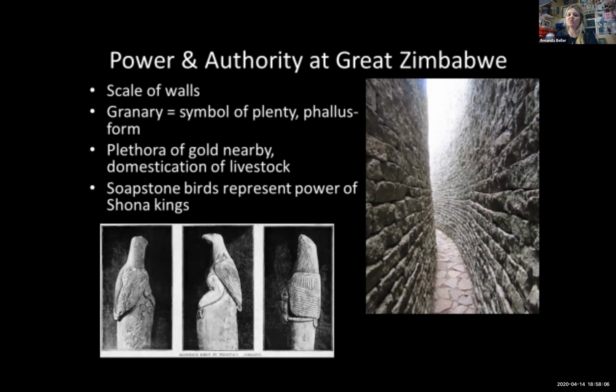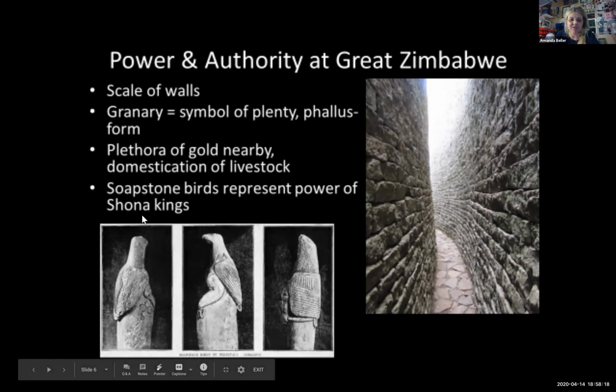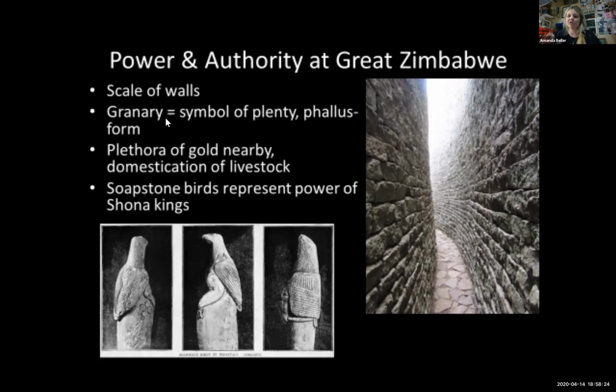So this is still going to be an area that is part of the patriarchy, right? It's going to be controlled by the male leader. I have this picture of the soapstone birds down here at the bottom. They're abstracted, of course, but they represent power. We talked about how that granary shape, that tower in the middle, is likely a phallus form.